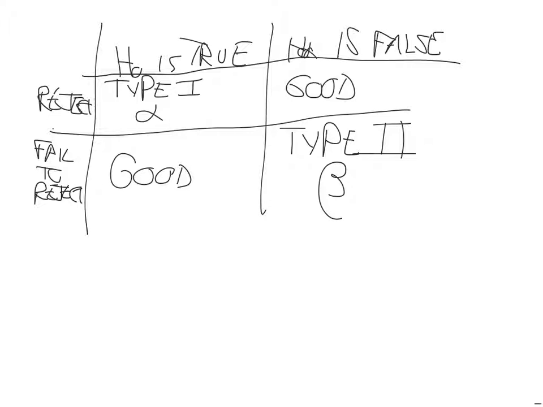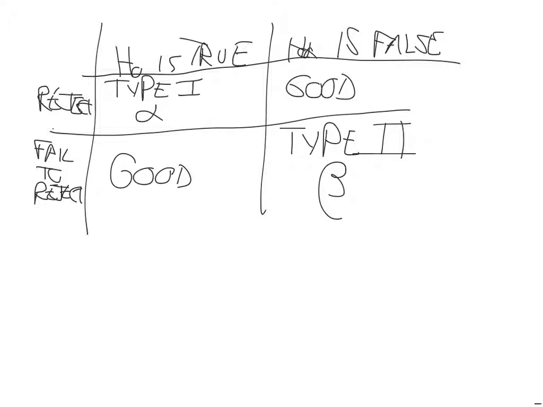So let's think of some examples of this. If you're testing to say if somebody has a disease or not, and they actually have the disease, and you tell them, no, you don't have the disease, that's bad. Okay? So that would be a Type 1 error. All right?